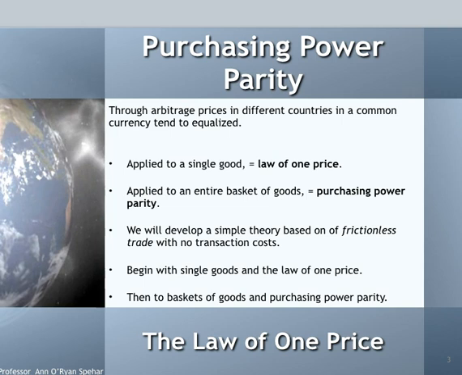So the law of one price applies to just a single good. Purchasing power parity implies the entire basket of goods. So then what we're going to argue is that a simple theory based on frictionless trade that doesn't have any kind of transaction costs, that we can then develop an entire theory of exchange rates based on purchasing power parity and the law of one price.